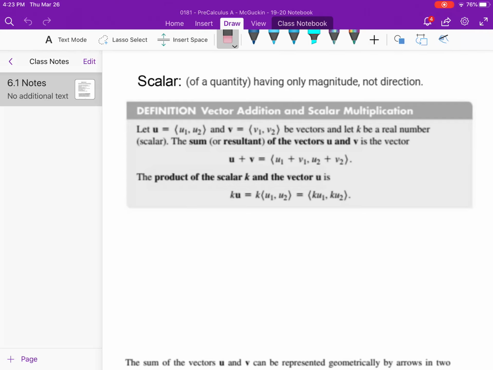Remember, u sub 1 is the x component of that vector, u sub 2 is the y component, v sub 1 is the x component of v, and v sub 2 is the y component of v. So to add these 2 together, all I have to do is add the 2 x's and add the 2 y's together.